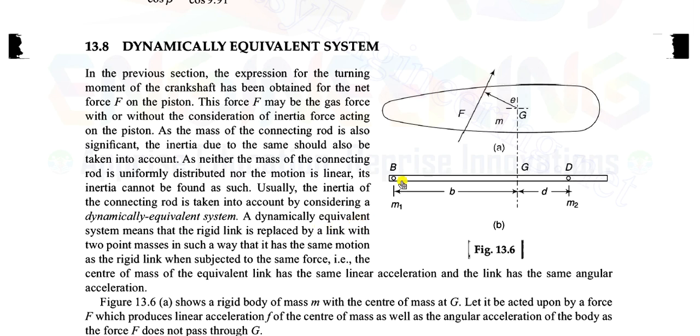For example, this is my body, the body of the connecting rod, which is not uniformly distributed. Now I want to replace this body with another body which has uniformly distributed mass.